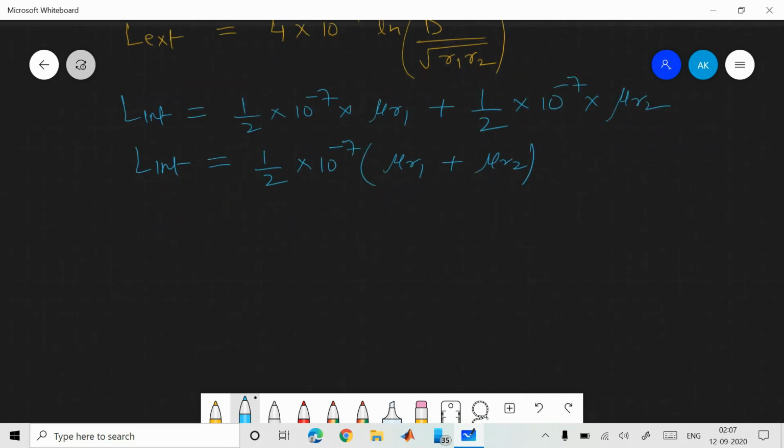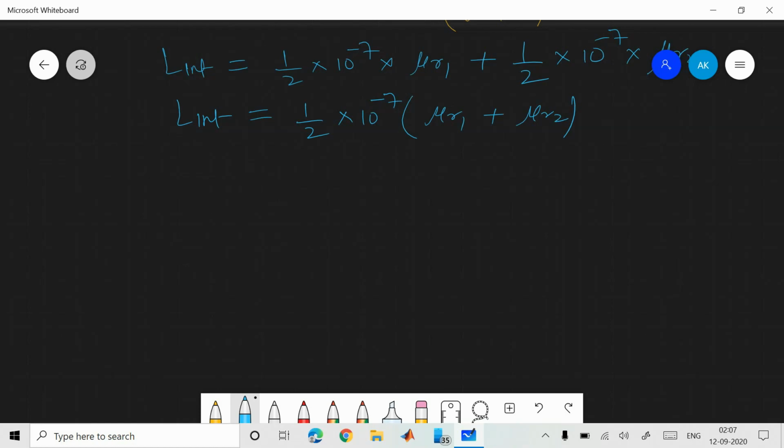So now write L total. L total will be L internal plus L external.